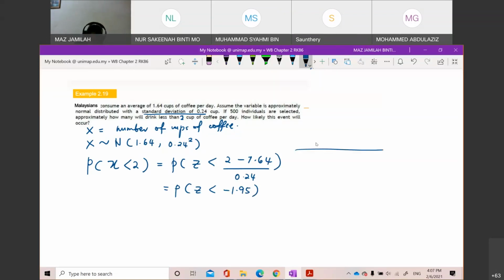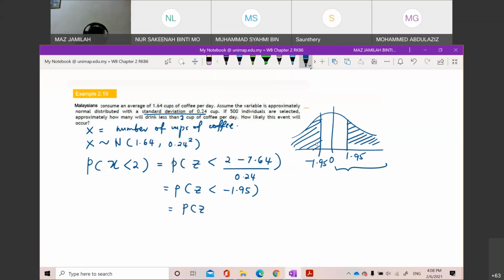So if you sketch, 0 and 1.95, using the first table, the whole 0.5, so that will be P(Z greater than or equal to 0) minus P(Z between 0 and 1.95).